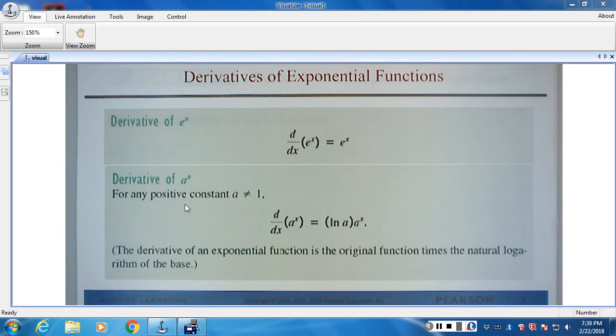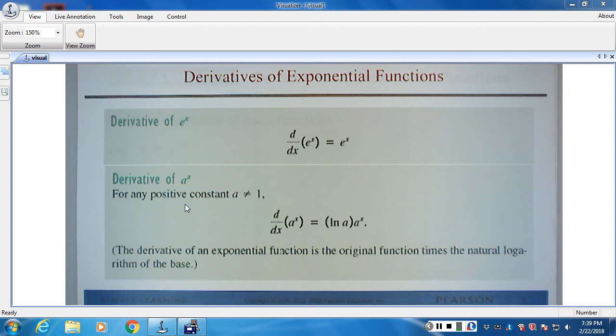The reason that it works that way is actually explained by the other exponential derivative rule, which says that if you have any number besides e, call it a, or b, or whatever you want to call it, but if you have any number other than e, and raise it to the x power, the way that you take its derivative is you take the natural logarithm of that base and multiply it times that number raised to that power. It's also its own derivative, except that you have to include the natural logarithm of whatever the base is.